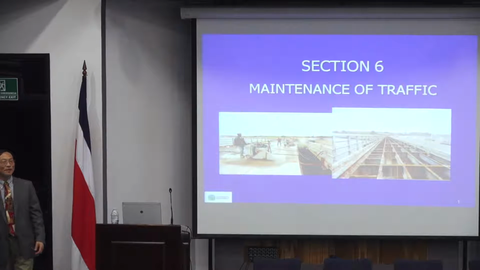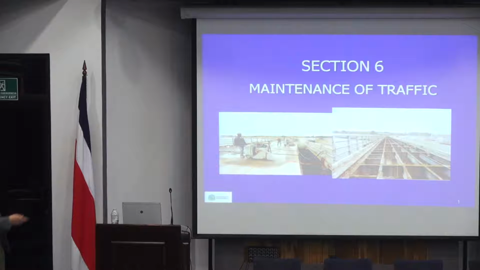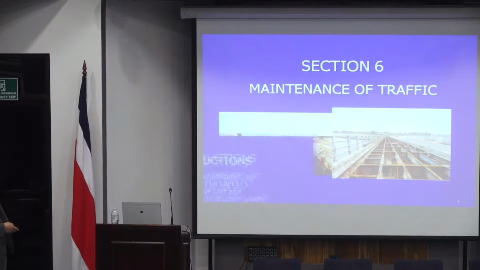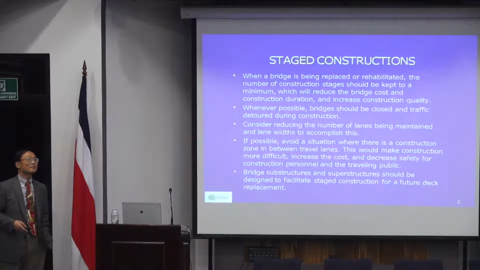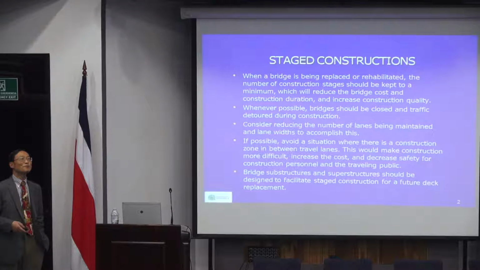In that case, you may have to have staged construction, which requires maintenance of traffic. Staged construction is something we may have to do, it's not something we want to do. In other words, if you have any opportunity to avoid staged construction, that's best.